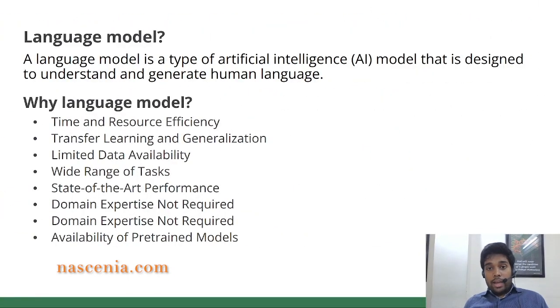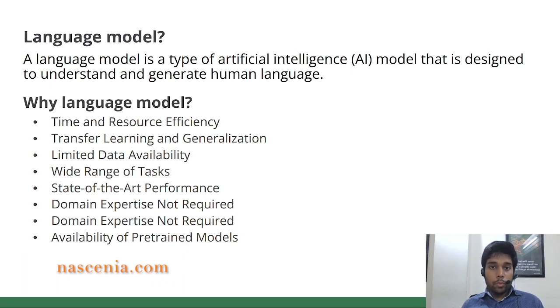So, as I mentioned in the title of this presentation, what is a language model, you may ask? A language model is an artificial intelligence model that's designed to understand and generate human language. The languages we use to speak in our day-to-day lives are called language models in the case of natural language processing.